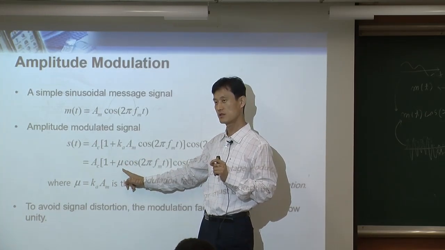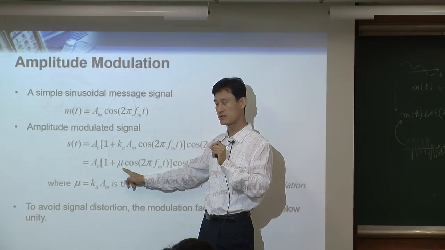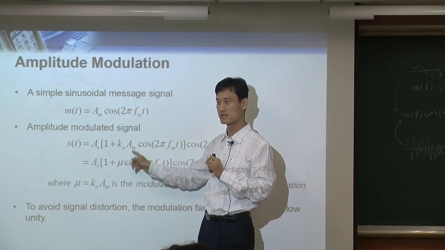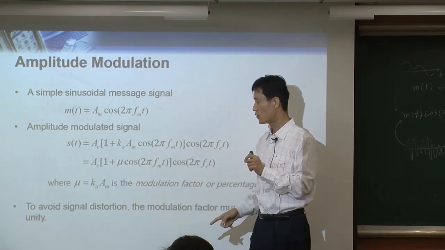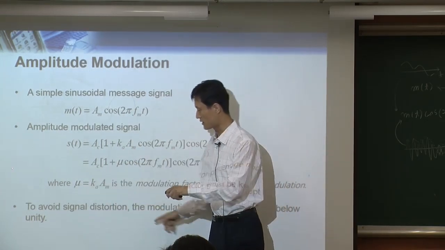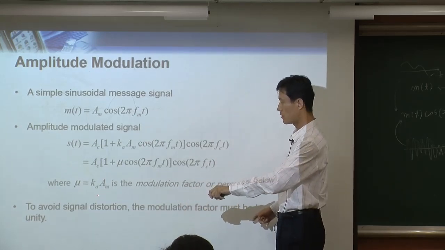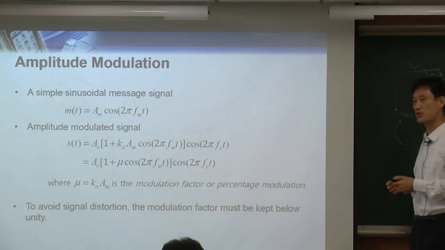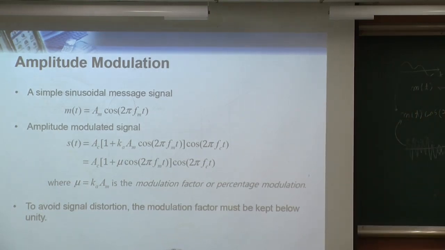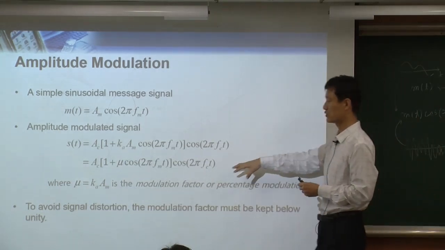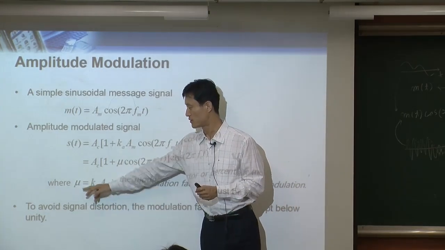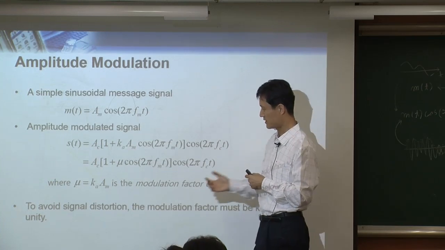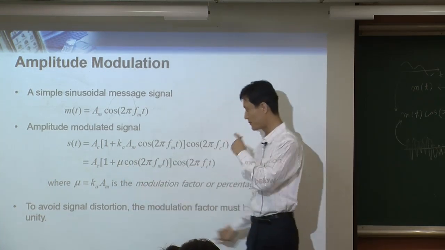So mu equals Ka times Am. Why? Because we want to call this the modulation factor or percentage modulation. So we want to put some meaning into this constant mu.